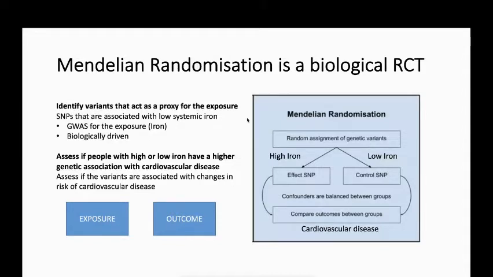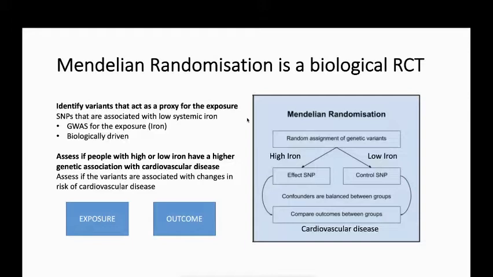So if we were to study the effect of iron on cardiovascular disease, we could select people who had variants that would mean that they have high iron, or variants that they would have low iron. So again, on the right-hand side of the screen here, we see the randomization effect according to the distribution of different genetic variants.